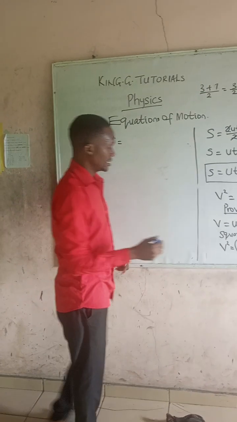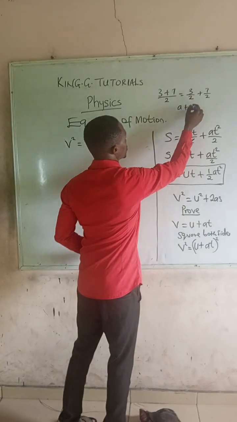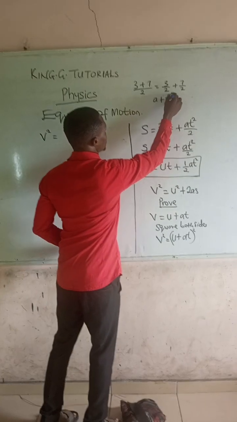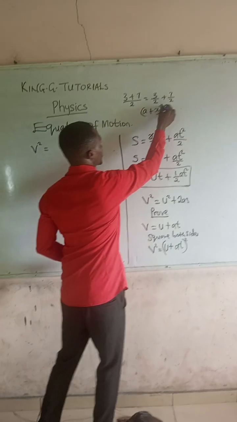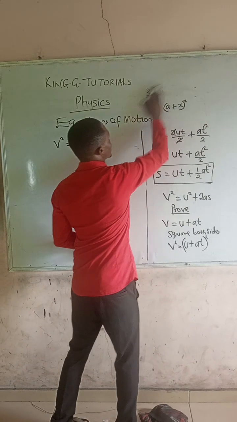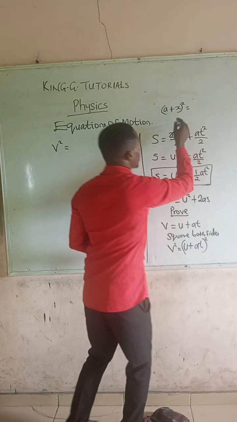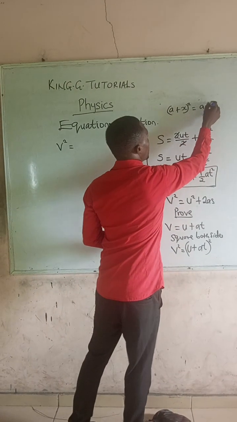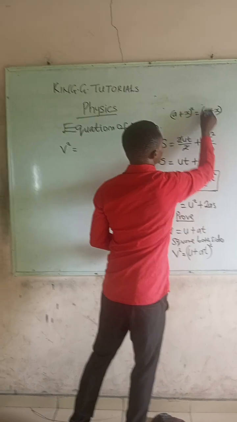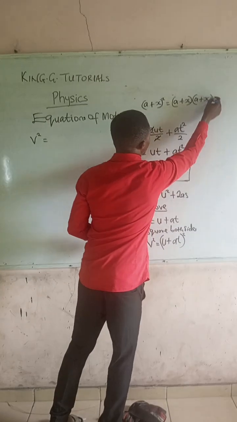In mathematics, if we are given (a + x) squared, this is the same as having what? It equals (a + x) times (a + x).